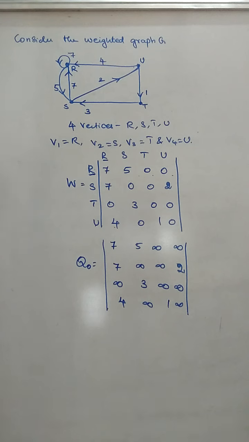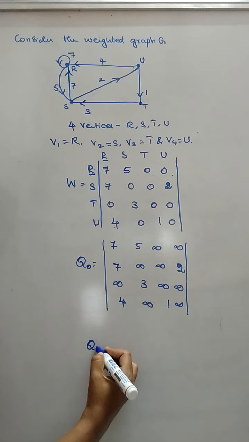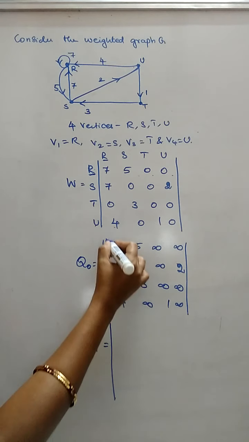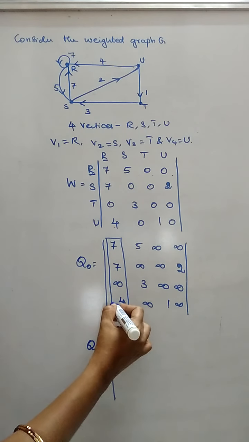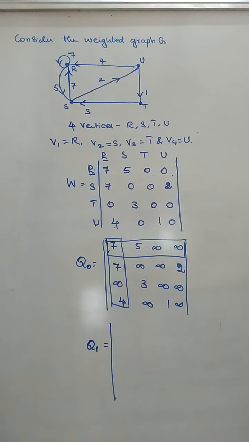Okay. So from this Q0 matrix, I am going to derive the Q1 matrix. So here I am writing Q1. How I am going to derive it is, I am going to select the first column and then the first row.